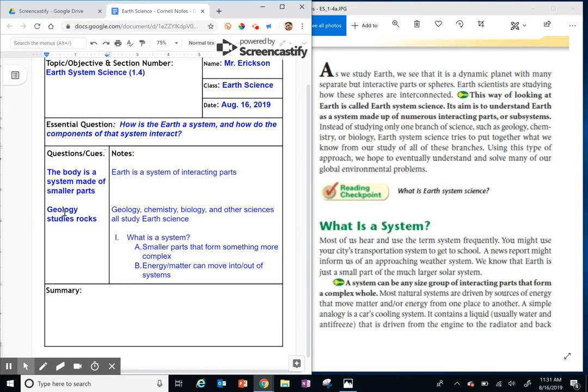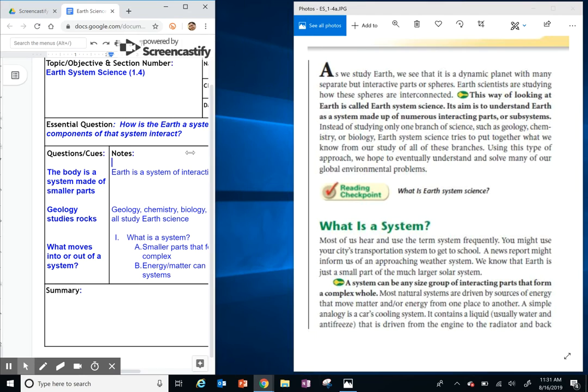So maybe I write a question down here that says, what moves into or out of a system? And the answer should be in my notes. The way I write these questions is so that if I'm looking at my notes, I can see the answer. The idea behind this is that if we had a way to cover our notes, well, it didn't work.